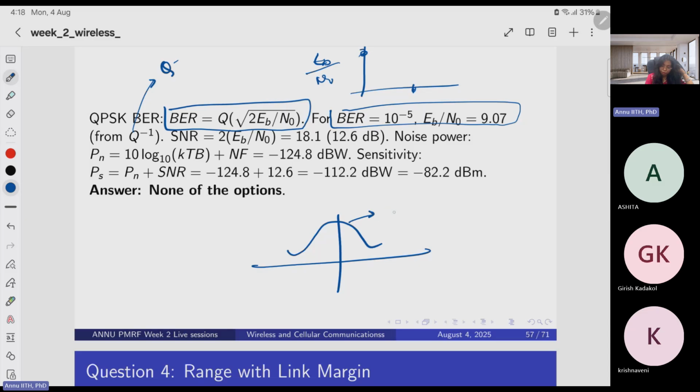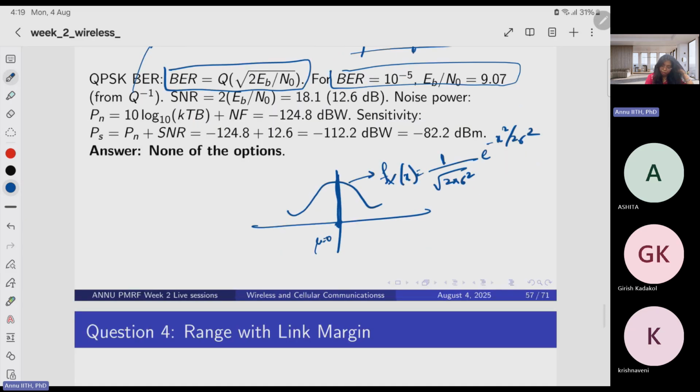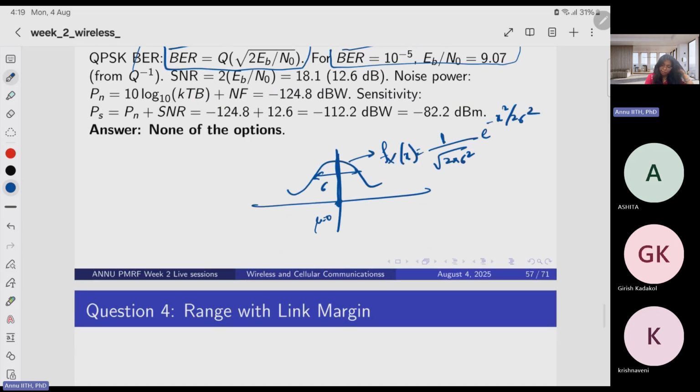Since it is continuous, f of x equals 1 over root over 2 pi sigma square, e power minus x square by 2 sigma square, if the mu is 0 and variance is sigma square. But suppose it is having a mu, then it is 1 over root over 2 pi sigma square, e power minus x minus mu whole square by 2 sigma square. If mu is there, it is not 0.